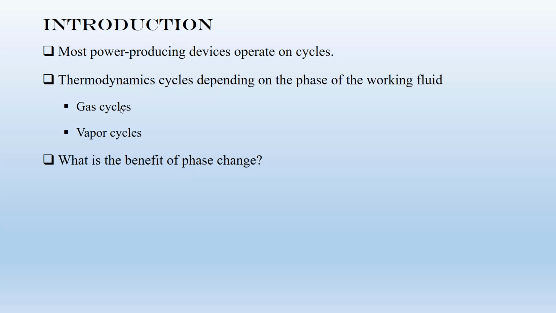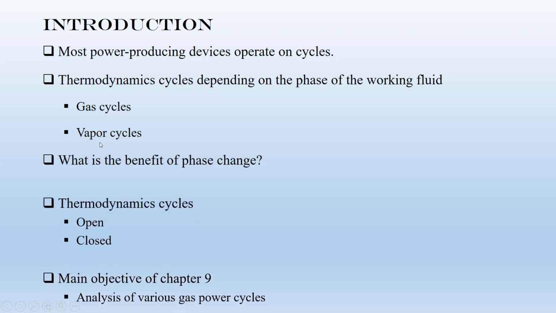For the sensible heat, the temperature changes. However, for the latent heat, the temperature is constant, but the phase of the substance changes from, for example, liquid to vapor, or from vapor to liquid. So the difference between these two cycles is that in the vapor cycle, we can transfer a huge amount of heat.